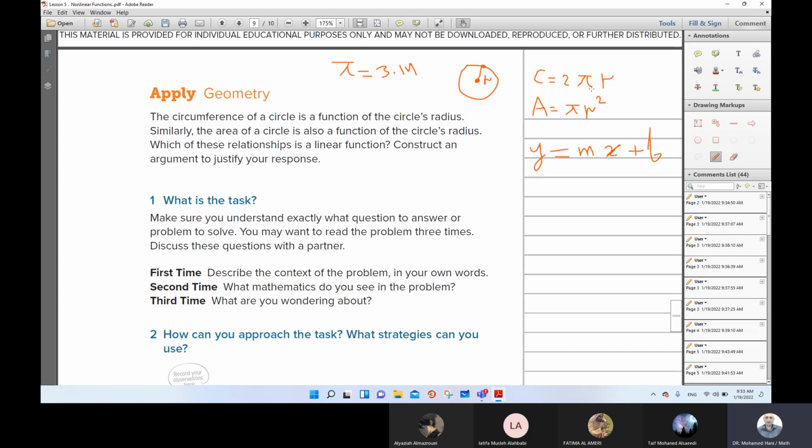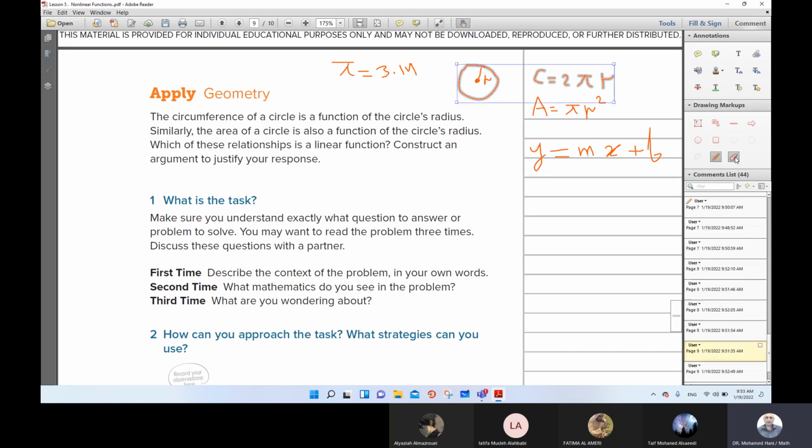The first one here: y means C, m means 2 pi, x means r, and the value of b will be 0. So the first one can be written as this equation.